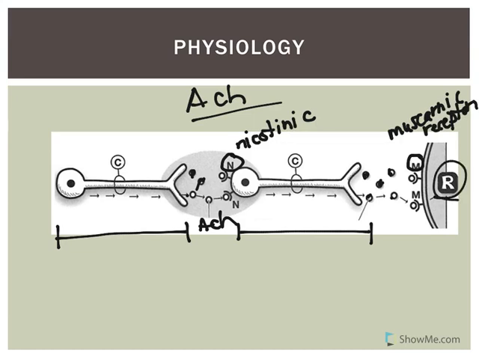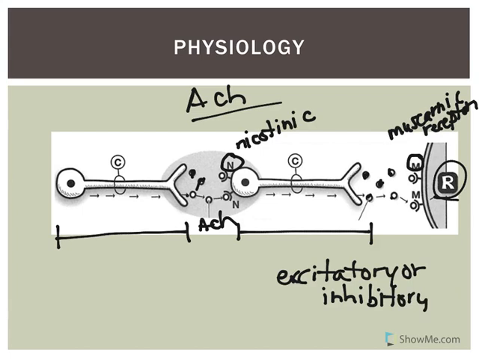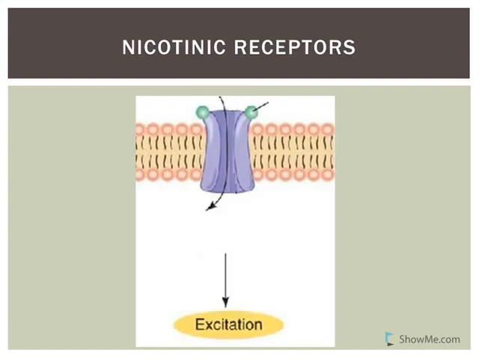And the response of the target can be excitatory or inhibitory, again, based on the specific subtype of muscarinic receptor. But I want to go back and mention nicotinic versus muscarinic receptors, because both of them bind to acetylcholine.